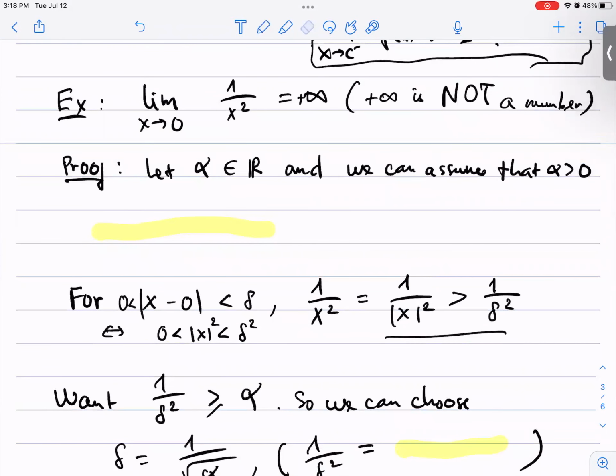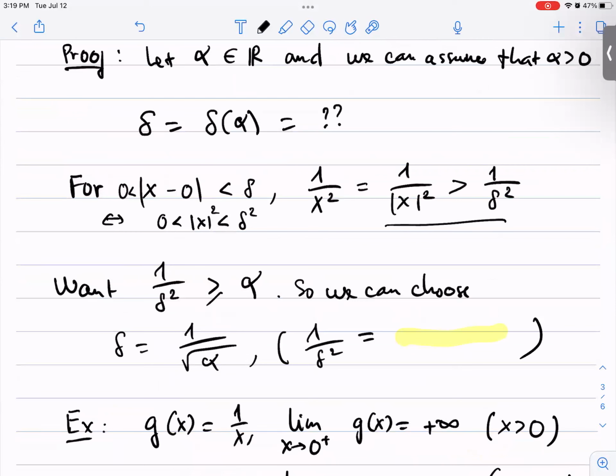We want to choose delta depending on alpha, but at the moment we don't know a good choice of delta yet. So let's do some estimate, and hopefully the estimate gonna lead us to the appropriate choice of delta.